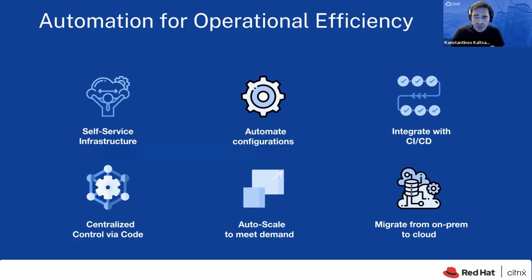We are also seeing two additional use cases: how they can easily auto-scale to meet demand, and how they can easily migrate from on-prem to cloud or vice versa, or to hybrid and multi-cloud environments.